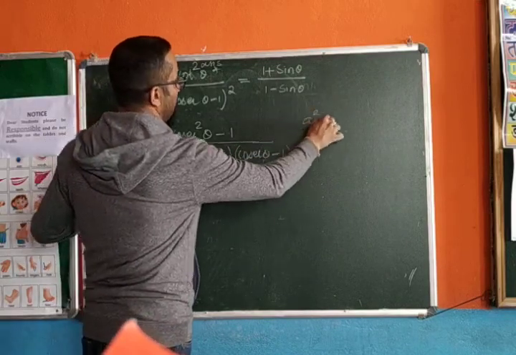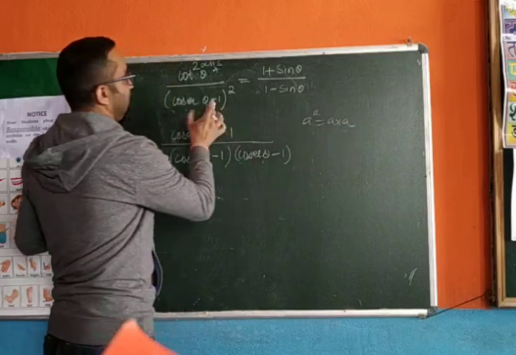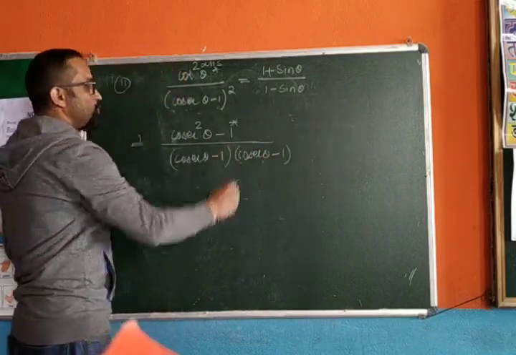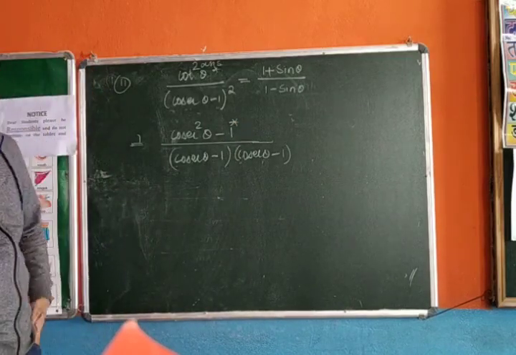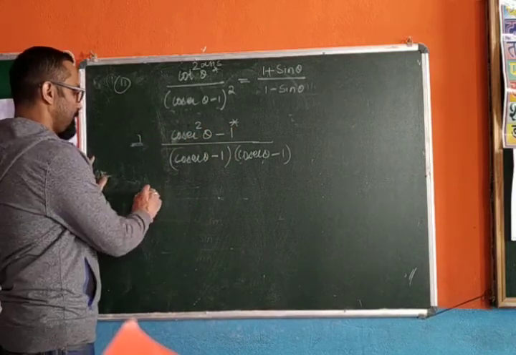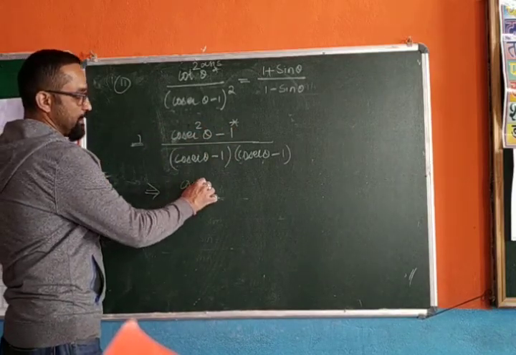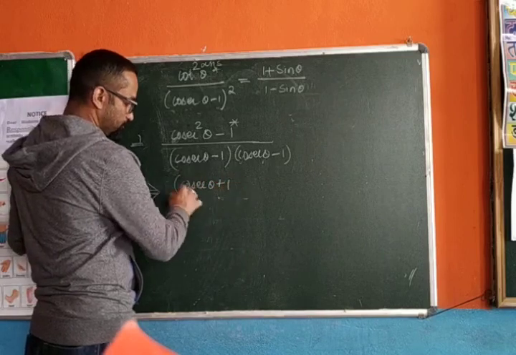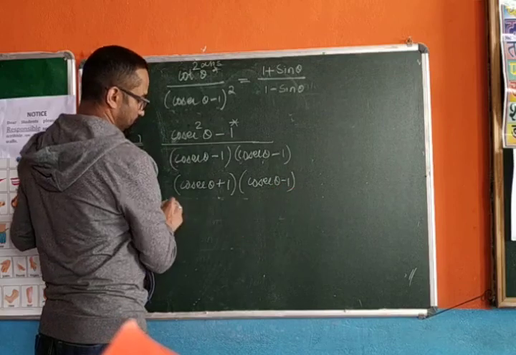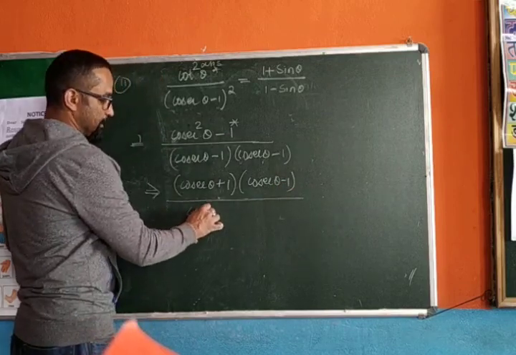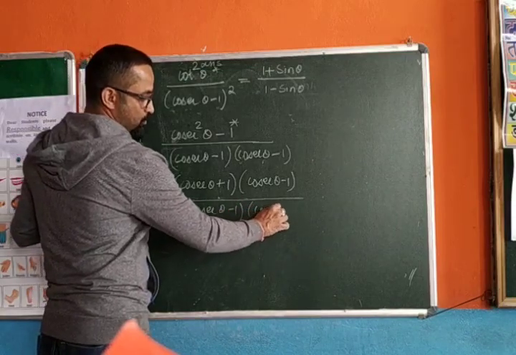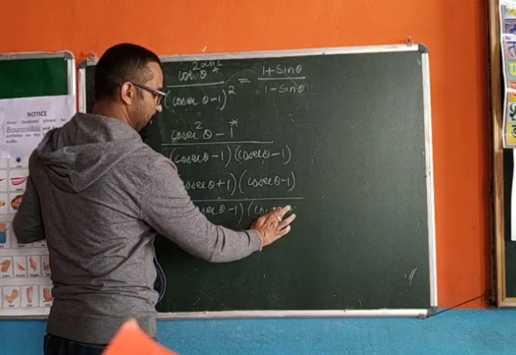Like a squared, you have, so write a into a. At the numerator, use the algebraic formula, expansion, a squared minus b squared, which can be written as cosec theta plus 1, cosec theta minus 1.